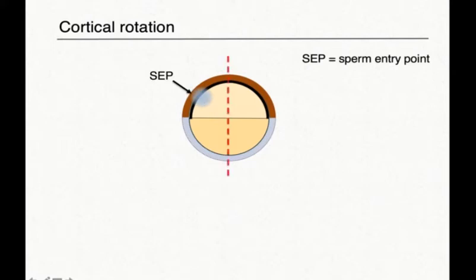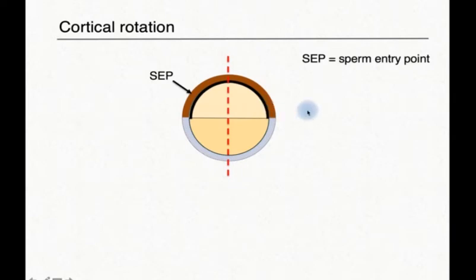I'm drawing this red dashed line just for reference, and remember I said the cortex rotates toward the sperm entry point. So you would see something like this. Notice how the cytoplasmic core stayed in the orientation that it was in, but this outer cortex rotates.